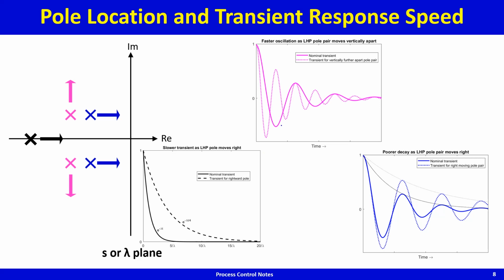The frequency of oscillation has been doubled. Nominal is the solid line, and dotted is the moved complex conjugate pair of poles. So, faster oscillations. That is the impact of the location of the pole on the transient type and its speed.